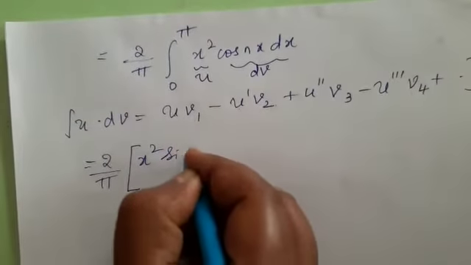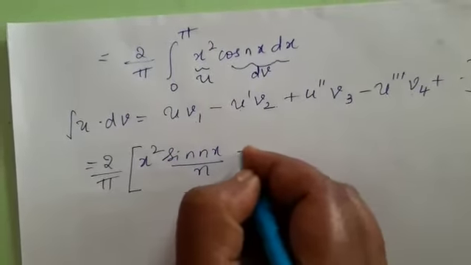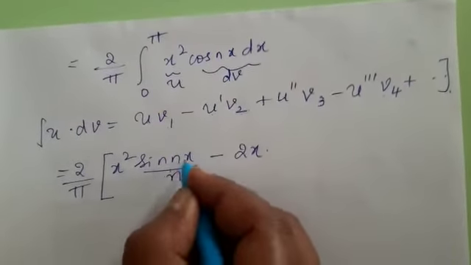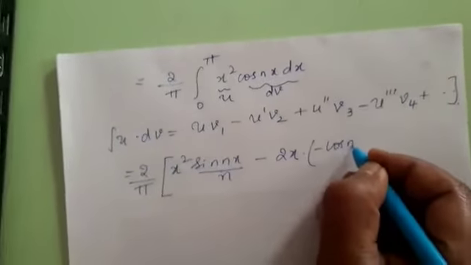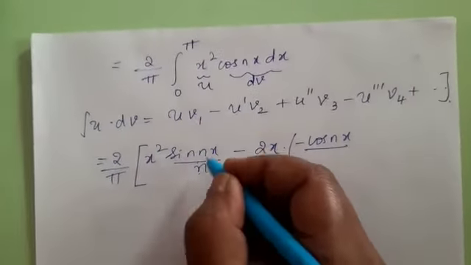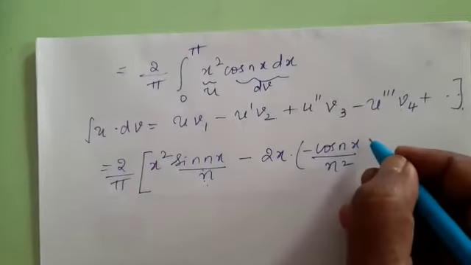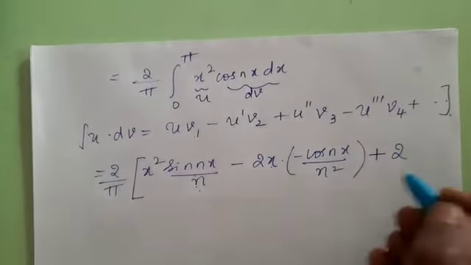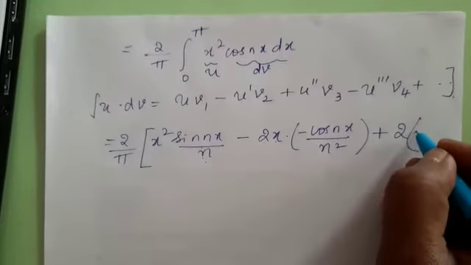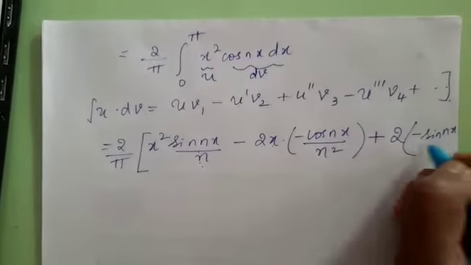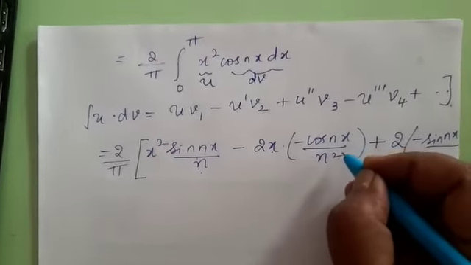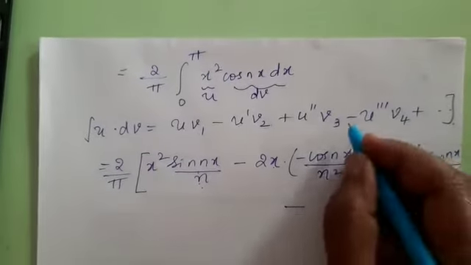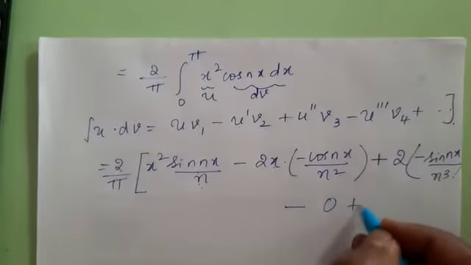It will be sin nx by n, minus differentiation of x square is 2x into again the integration of this term, sin nx by n, it will become minus cos nx by, already one n is there, because of integration we get back one more n, so it becomes n square, plus, double differentiation gives 2, and integrating this once again we get minus sin nx by n square, and one more integration gives one more n, so it will be n cube, minus, the third differentiation of 2 will be 0, so remaining terms will be 0.